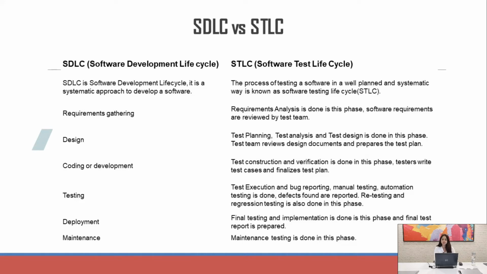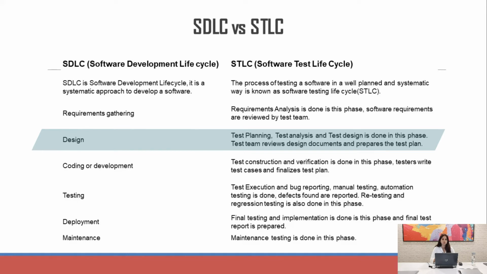Then in SDLC there is designing, wherein these requirements are converted into design documents, so that the other teammates can understand which software is going to be developed. In the STLC, we create test plan documents. Whatever requirements were gathered in the last phase are converted into a document called the test plan document.